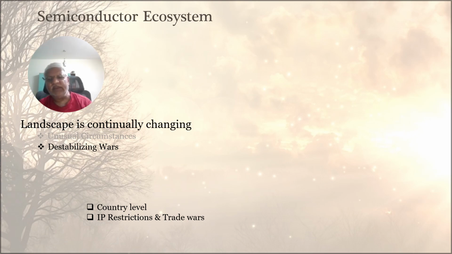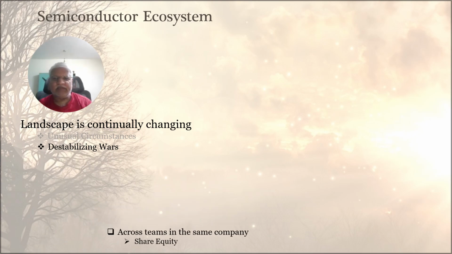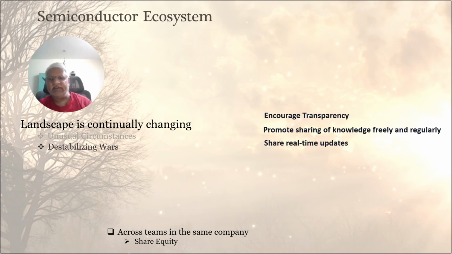However much we cannot control this, at company level I can say that we have a role to play, and across teams in the same company. Say, for example, between the RTL verification team, physical design team, timing team or manufacturing team, you need to act like you are one, and ensure there is transparency among the teams and a free sharing of knowledge.